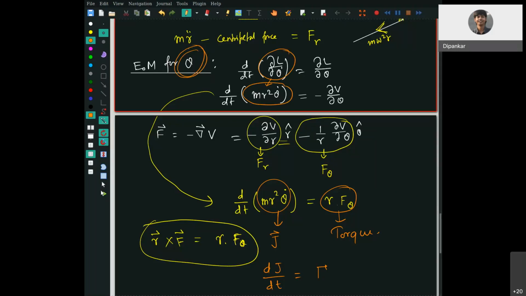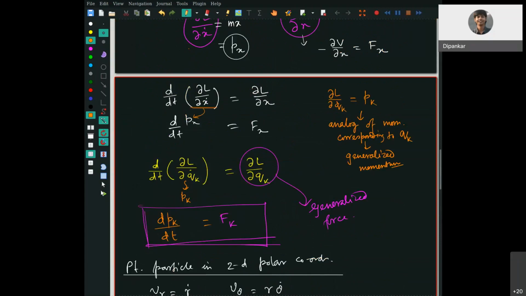Angular momentum has a different dimension than momentum, you know that. So this justifies my naming convention.